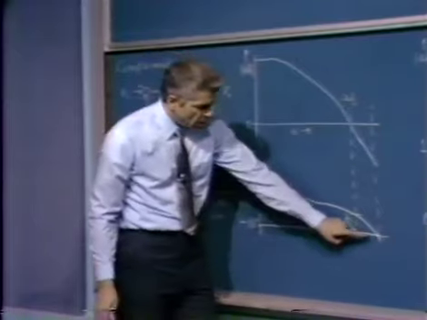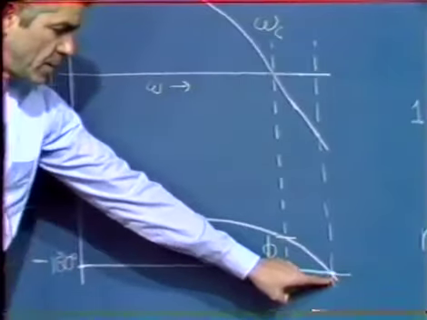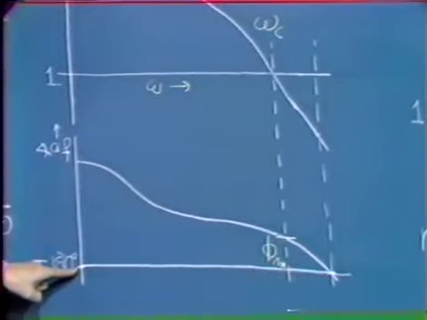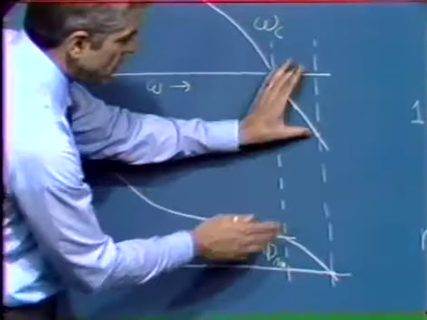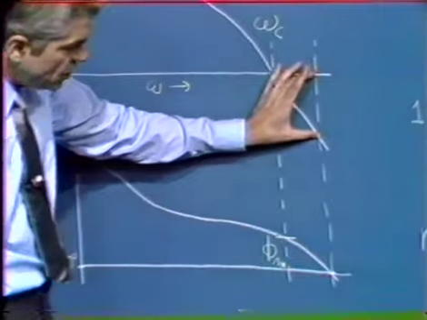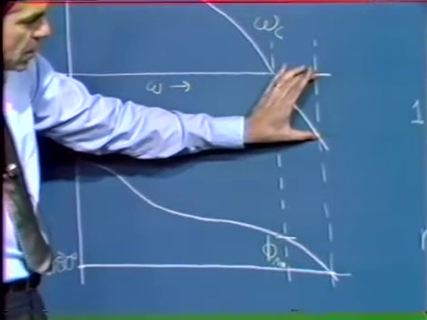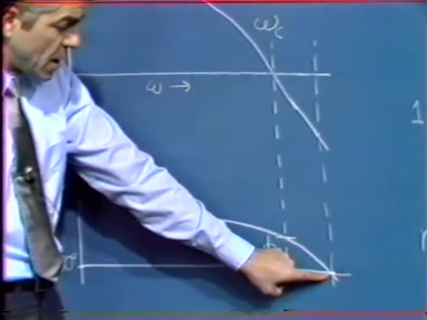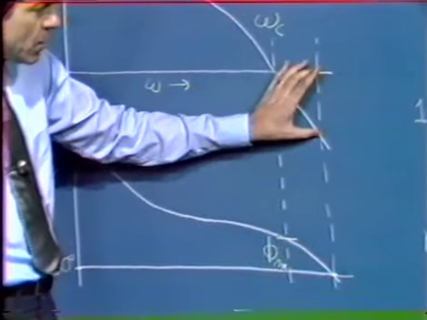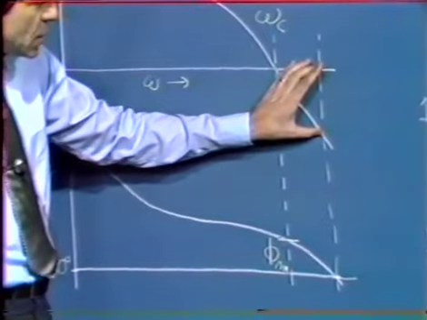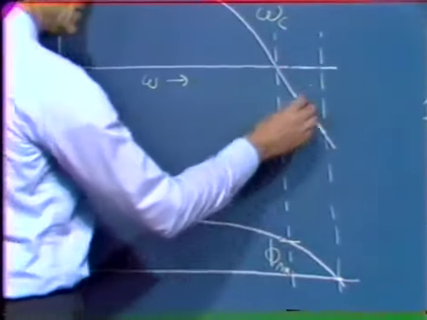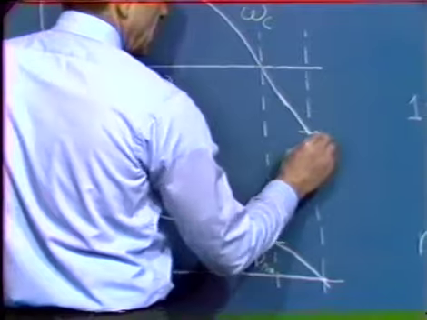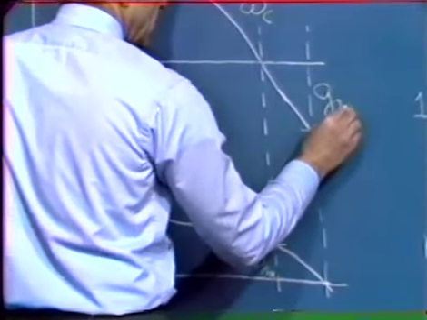And to do that, we could look at the frequency where the angle went through minus 180 degrees. If we pushed the magnitude curve up by this much, we'd have a magnitude of 1 when the angle of the AF product was minus 180 degrees. That again would be the borderline case between stability and instability. And so this distance reflects the gain margin of the system.